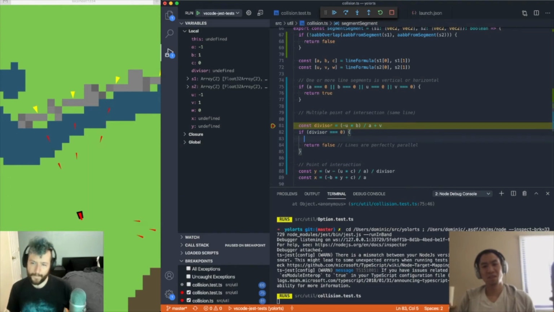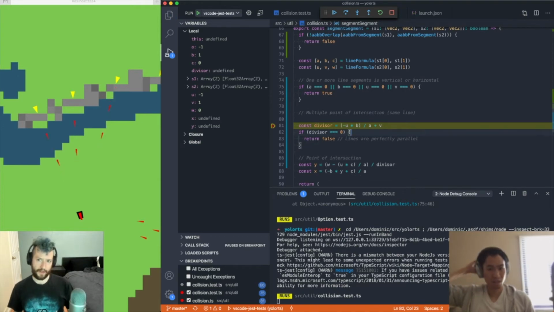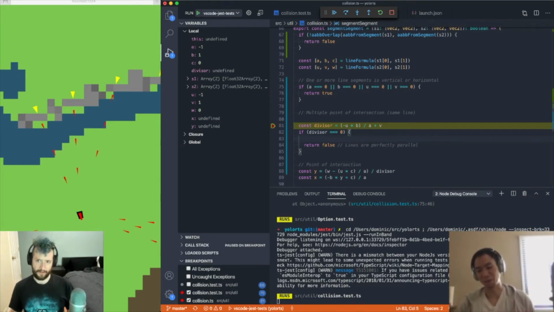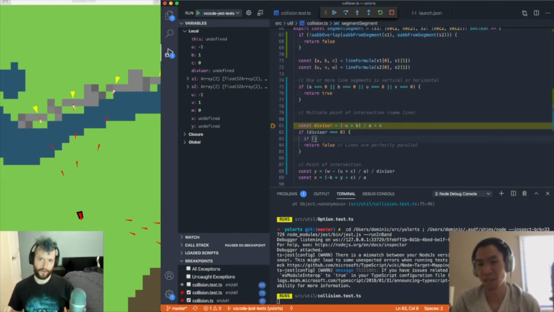Well, so is this a case of... it's parallel. We know that the boxes are overlapping. But it doesn't matter. We already have a case where they're parallel and the boxes are overlapping, but we know it's false, right? Well, I was going to say, if they're the same function, then should we return true?